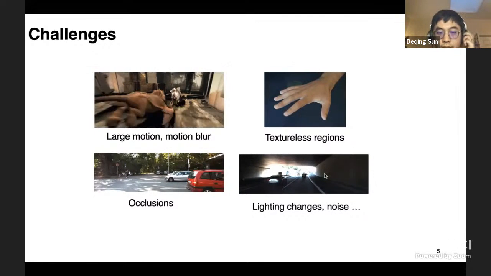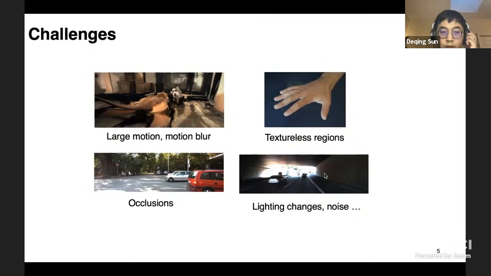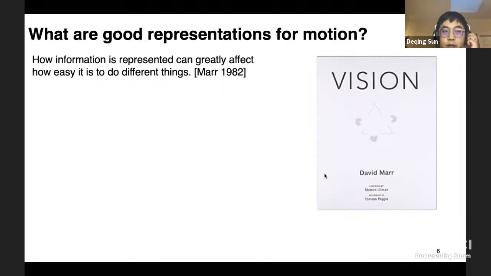To deal with these challenges, one question we want to address is, what are the good representations we want to use? Because according to David Marr, how information is represented can greatly affect how easy it is to do different things.